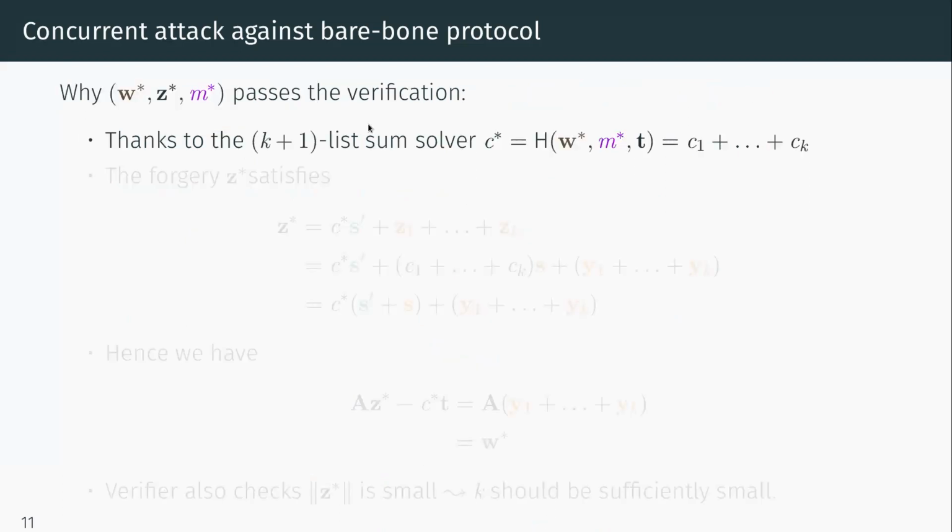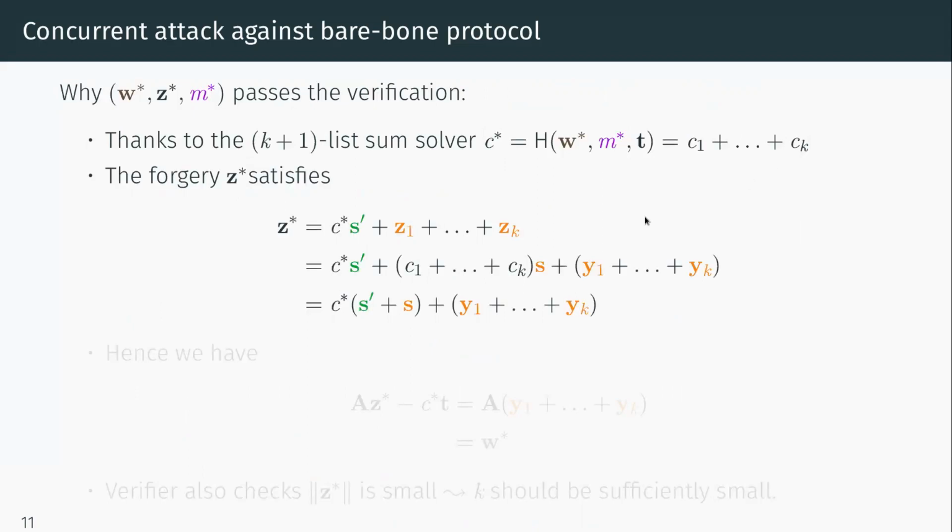So this actually passes the verification. First, again, thanks to this K+1 list sum solver, this C star is actually a sum of each challenge value from each concurrent session. And then this forgery can be rewritten as follows. Now, because the C star corresponds to the sum of the C from the concurrent sessions, you can actually group them together.